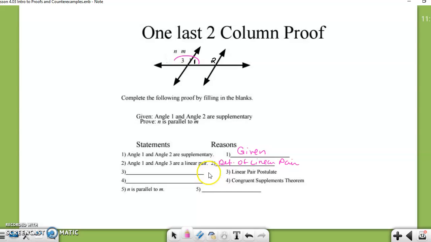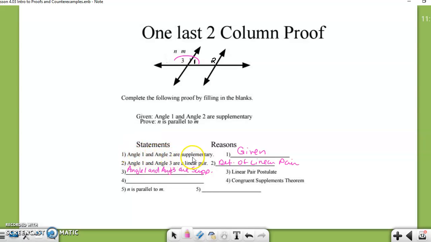Now the linear pair postulate lets me know that angle 1 and angle 3 are supplementary. Now I'm doing that because I see down here that says congruent supplements there. So I've got to come up with some sort of congruent supplements.